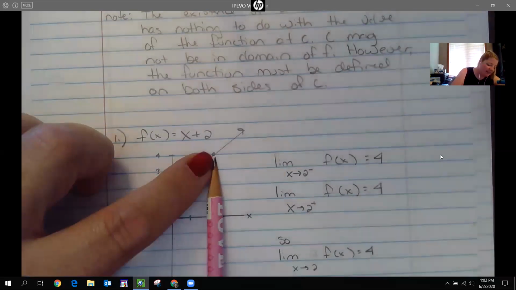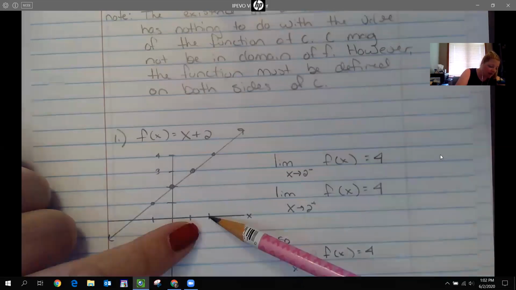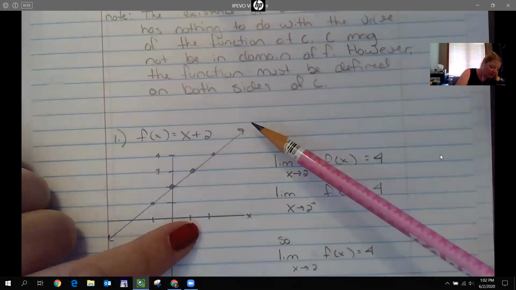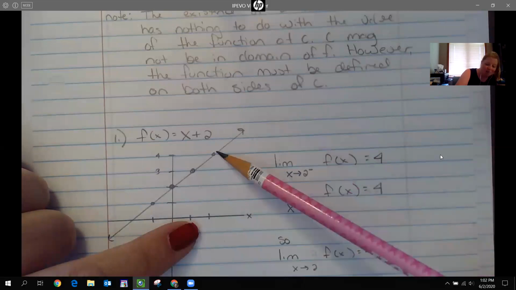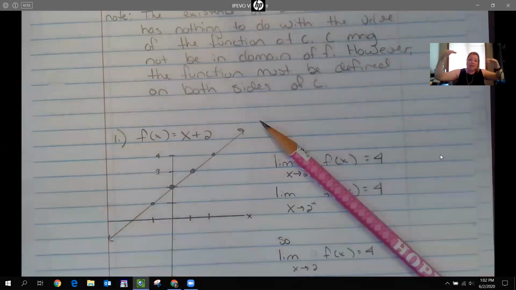Now this one says from the right. So here's x is 2 again. What are we doing as we get closer and closer to x? We're also going to 4. So both sides are going to 4, from the left and from the right.